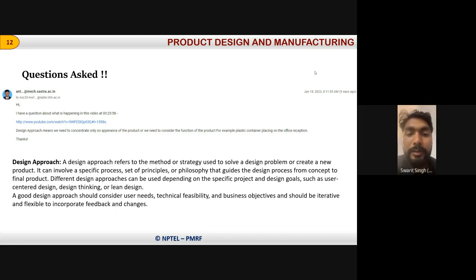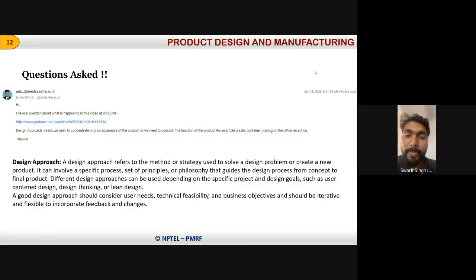Right? So this is the layman's definition of a design approach, and what a design approach includes. Any design approach must be accommodative of any type of changes or feedback that the user gives, which needs to be incorporated after getting the feedback.